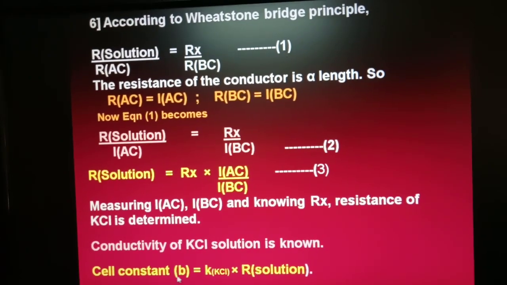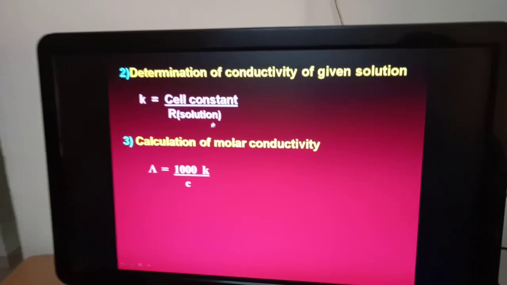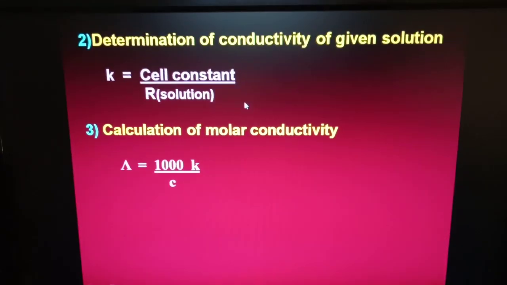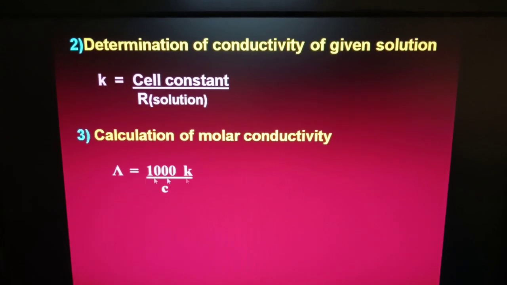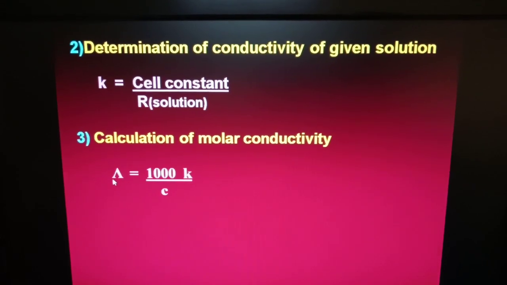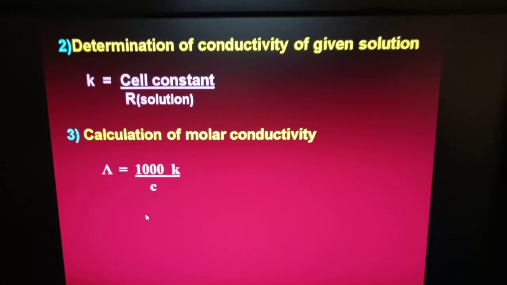So cell constant B can be determined by taking the product of kappa KCl and the resistance of the solution. We can determine electrolytic conductivity kappa by taking the ratio of cell constant and resistance of the solution. You already know molar conductivity can be calculated by the formula lambda is equal to 1000 kappa upon C.